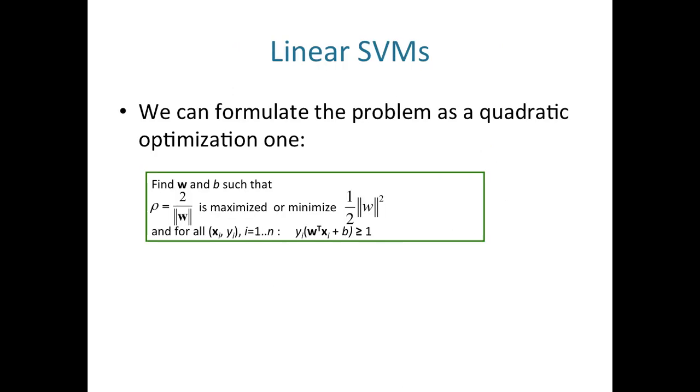So basically we need to maximize that distance, or considering the dual problem, we can minimize 1/2 of the square of the norm. And of course, always taking into account the condition that w x plus b is larger than 1 or smaller than minus 1, given that y is plus 1 or minus 1. Always taking into account that we are separating the two distinct classes that we have.